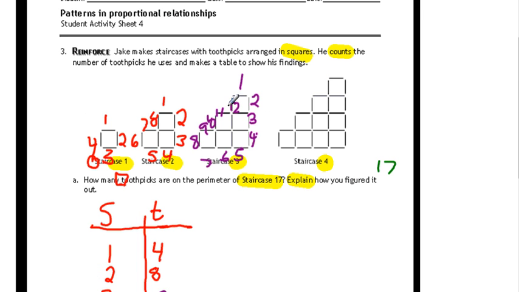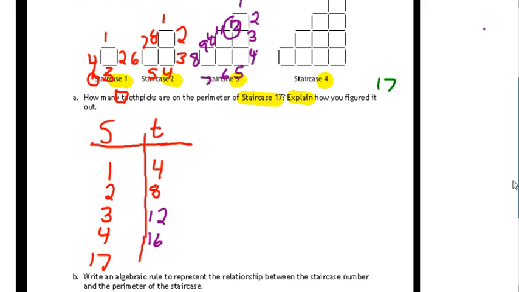I want you guys to pause this video and count how many are for staircase number 3 and staircase number 4. Welcome back. So staircase number 3 has 12 of them. And staircase number 4 has 16 of them. So we can see our pattern already, right? It's going up by 4.